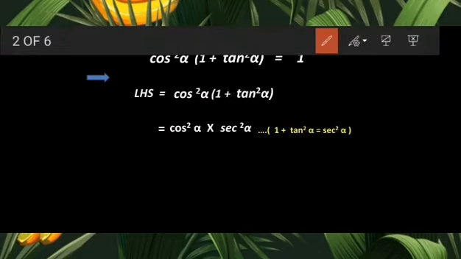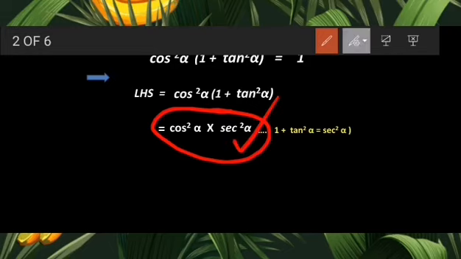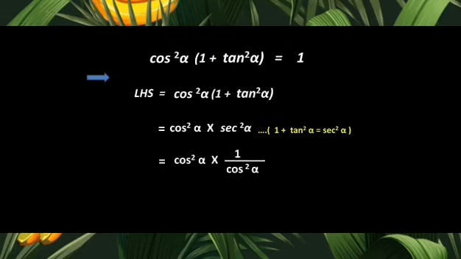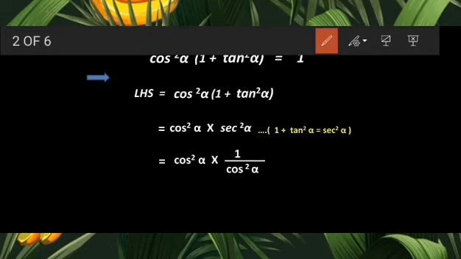So what must we do to get the RHS? If you think more deeply, you will see that cos and sec are reciprocals of each other. That means I can replace either sec alpha by 1 upon cos alpha or cos alpha with 1 upon sec alpha. I choose sec square alpha, and if I replace it, I get 1 upon cos square alpha, because the square sign is given to sec square alpha. Now it is easier to cancel that term.